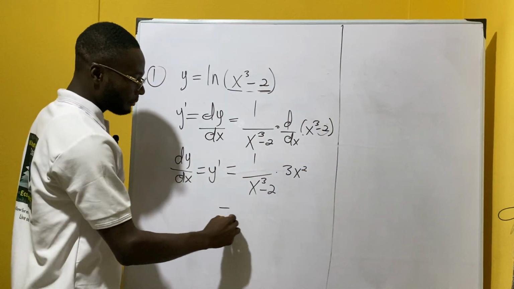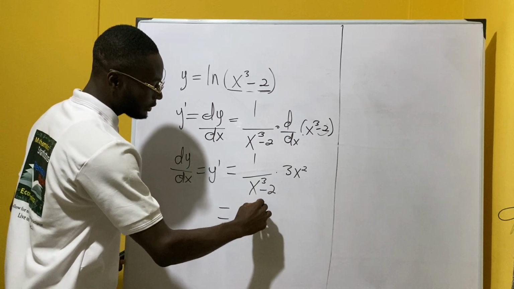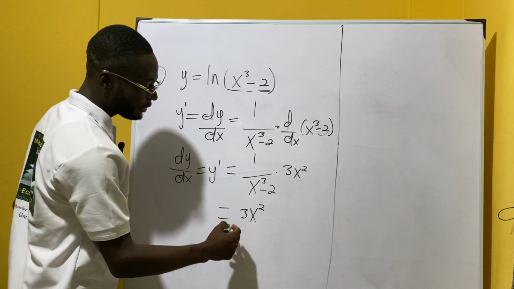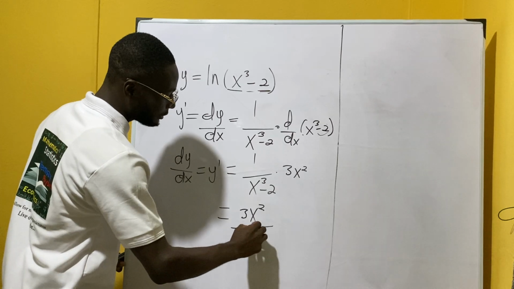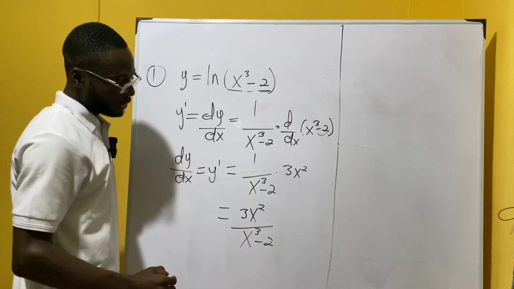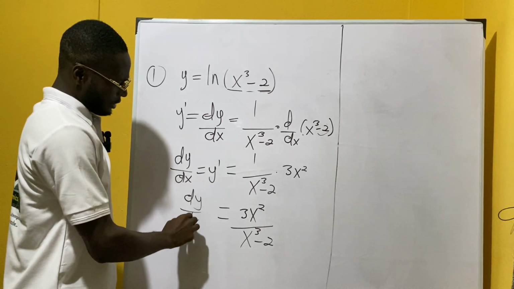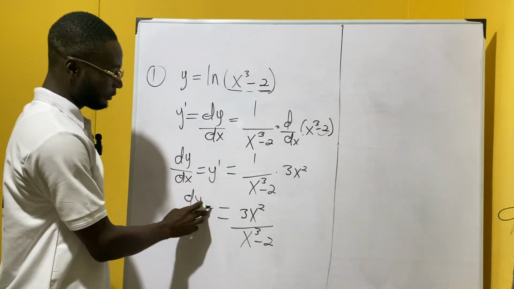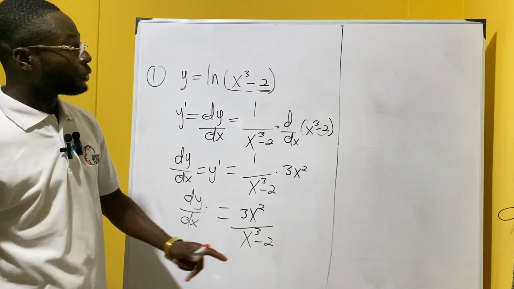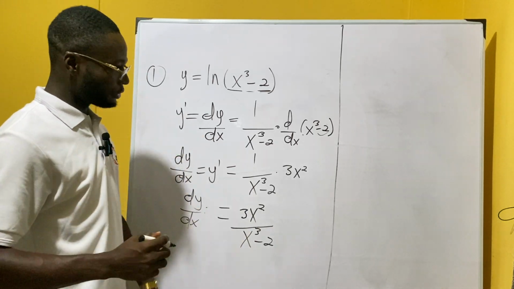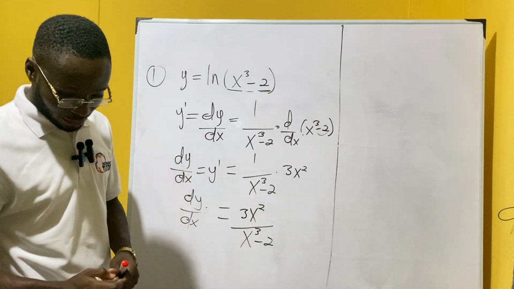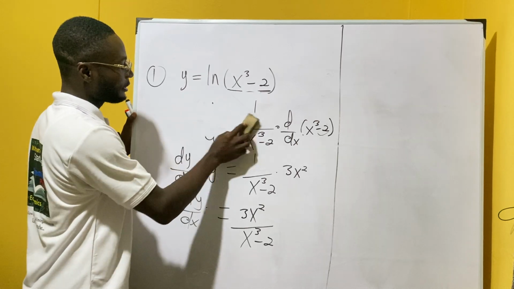So we have 3s squared over s cubed minus 2. And this becomes our final answer for this particular question. So we can try another example too and see how it's going to alternate with different examples.